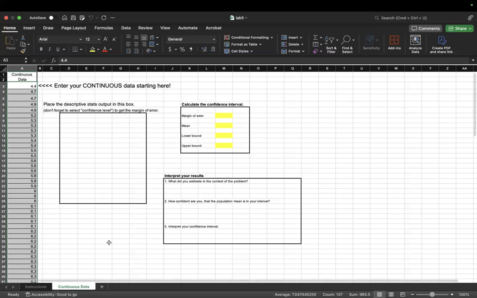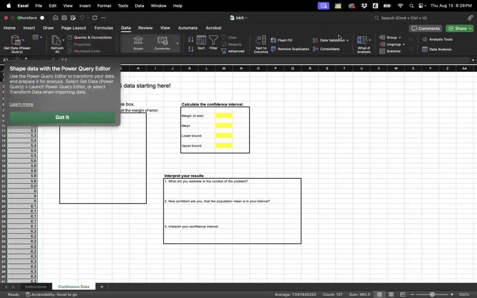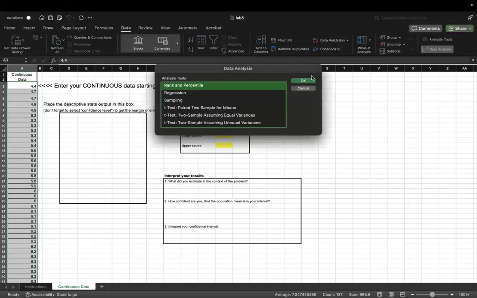So I'm going to go ahead and go to data right here. And that's not data, that says draw. And I want to do my data analysis. Okay, got it. Do the data analysis, which we've been here before. And then once again, go to my descriptive statistics. This is the same thing we were doing before.